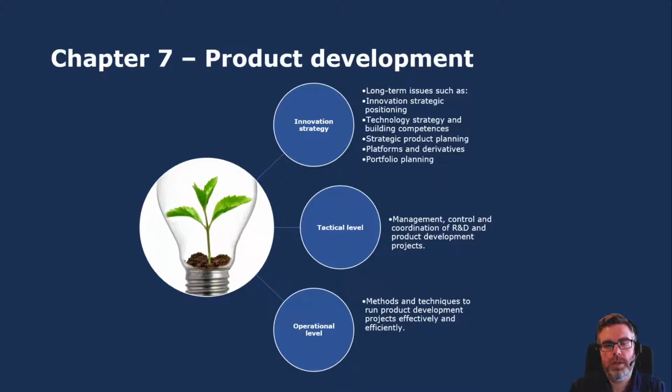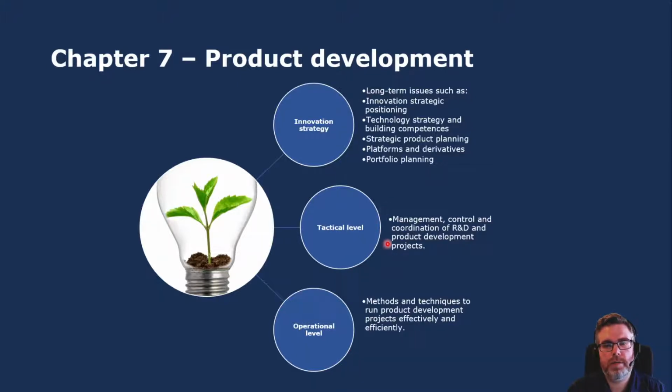So at the innovation strategic level, you have long-term issues such as innovation, strategic positioning, technology strategy and building competences, strategic product planning, platforms and derivatives, and portfolio planning.